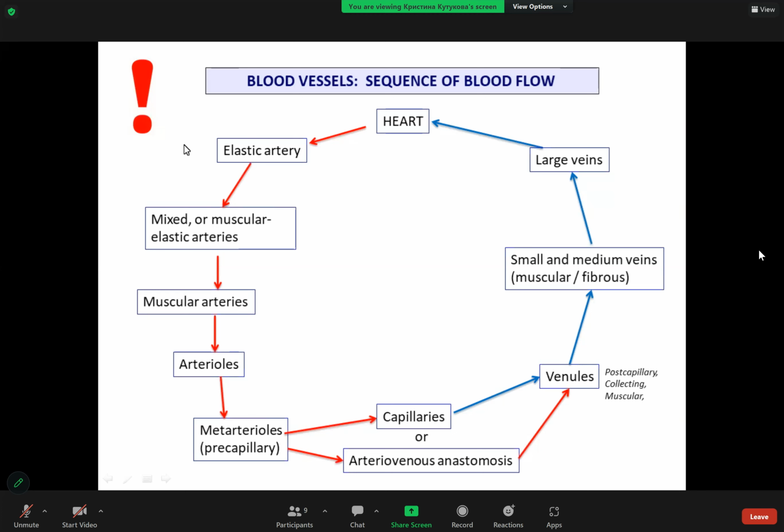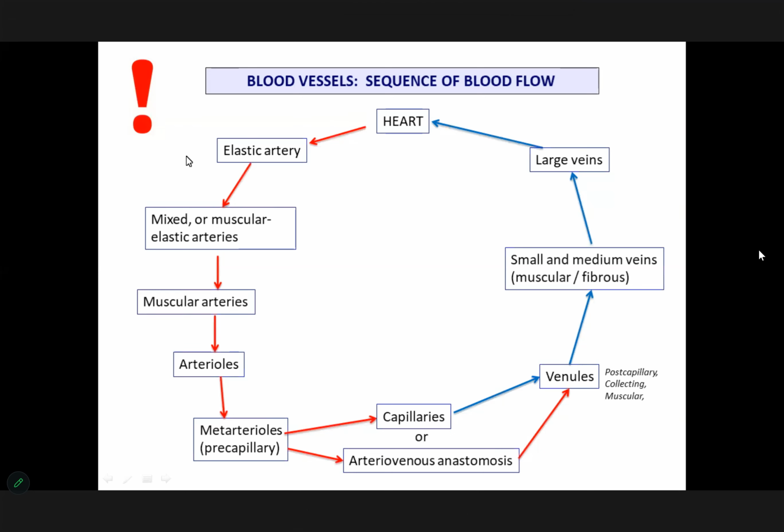From the heart, first blood enters the elastic artery, then into mixed arteries, then into muscular arteries, then into arterioles, then metarterioles, which are also called precapillaries, then into capillaries or arteriovenous anastomosis.